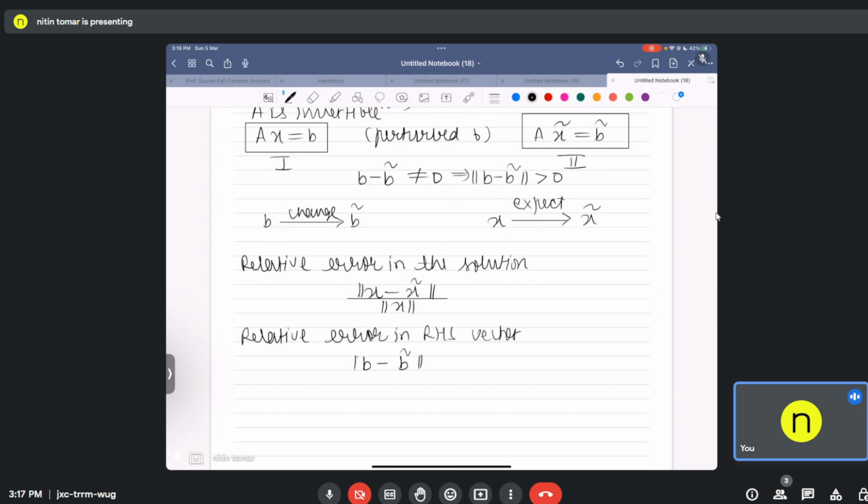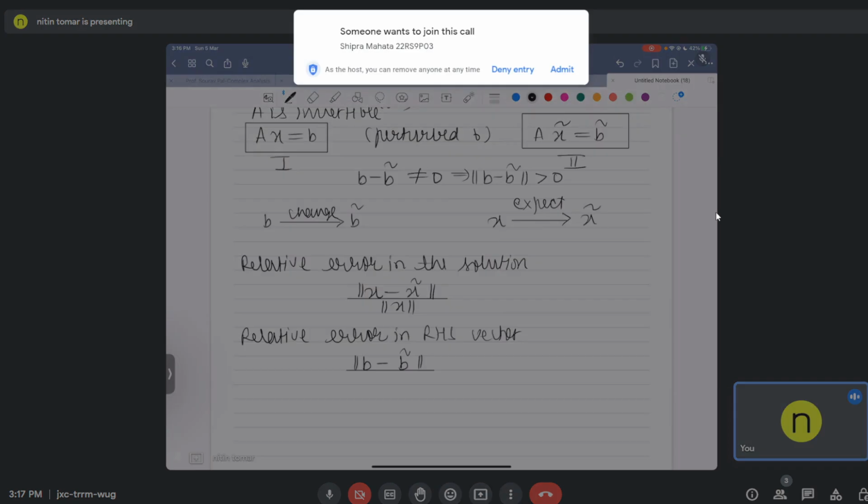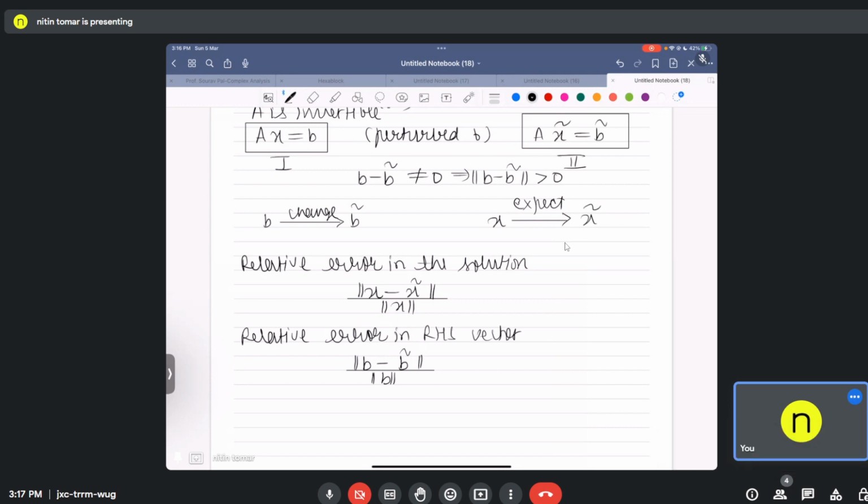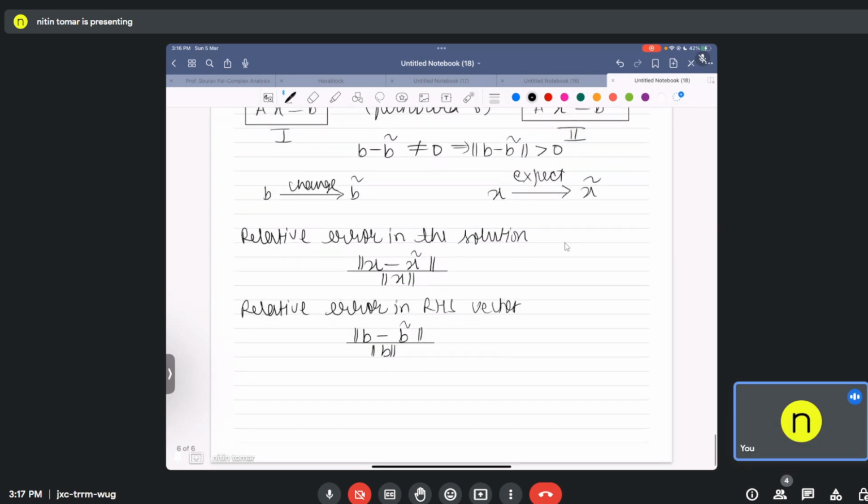So this is the change you did, and relative error means dividing by the original value. So by a theorem that you must have seen in the class, you always have this inequality.